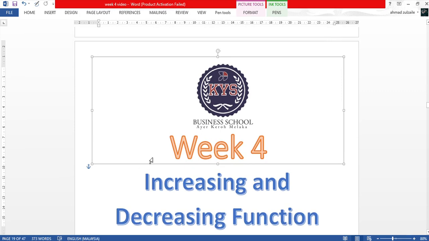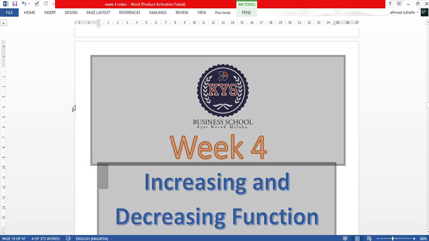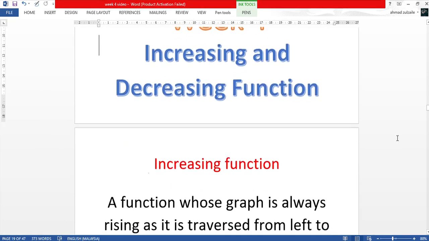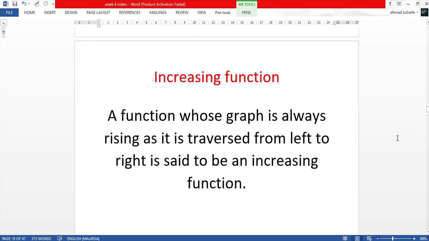Alright, so let's go straight to the definition of increasing and decreasing function first. Okay, so increasing function: a function whose graph is always rising as it is traversed from left to right is said to be an increasing function.